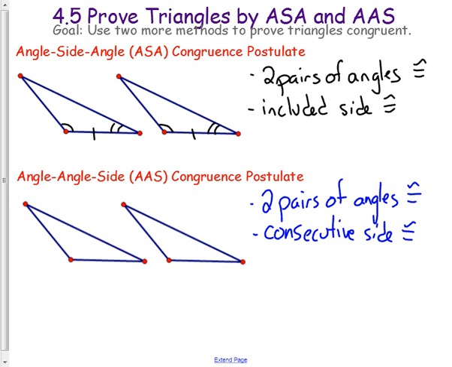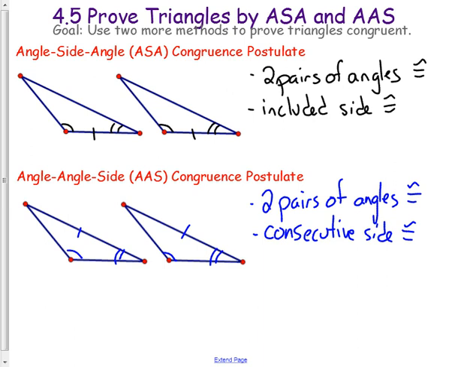And how this one works, if we have this same single, double that we had before for angles, instead of being the side between them, which would be angle, side, angle, we have the next side. So single, double, side, single, double, side. That is an example of angle, angle, side.